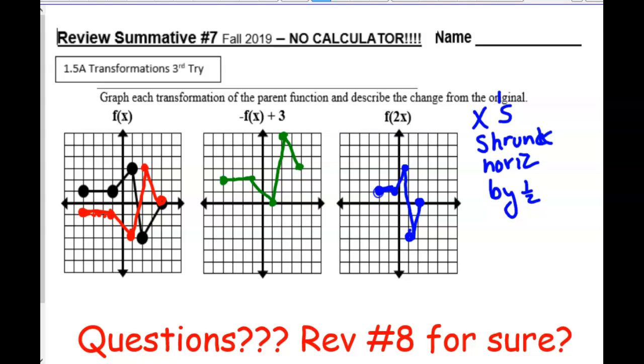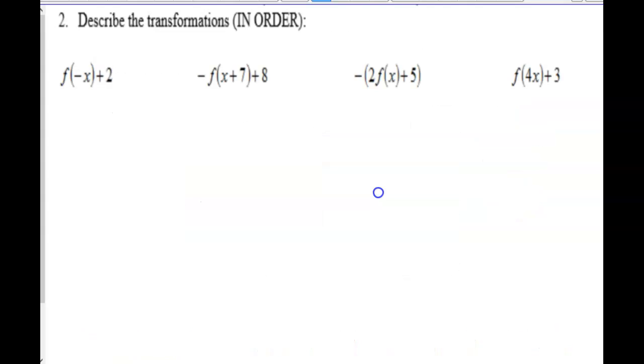You don't get a graphing calculator tomorrow, remember. All right. Any of these you need to do? Apparently some of you, because you just told me all the wrong things on the last ones. This one is what order, guys?